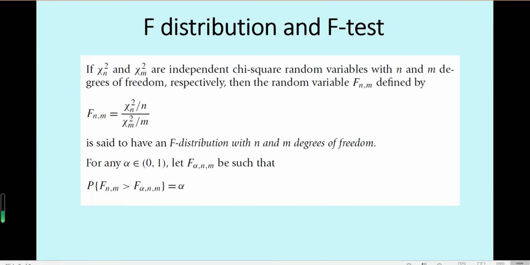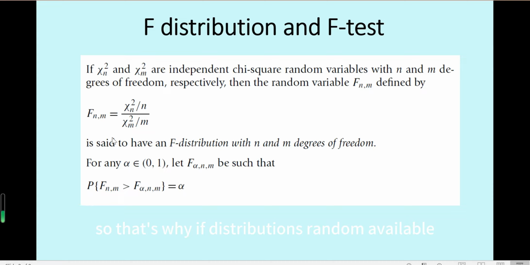And if we sum several chi-square distributions, then the result is also a chi-square distribution, and the degrees of freedom is the summation of all degrees of freedom from each chi-square random variable.